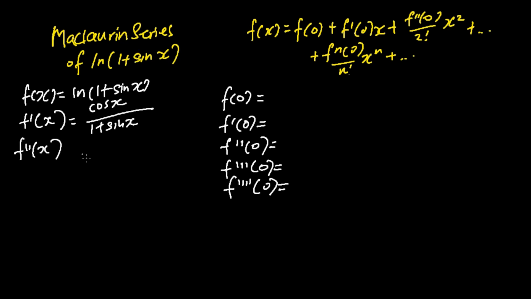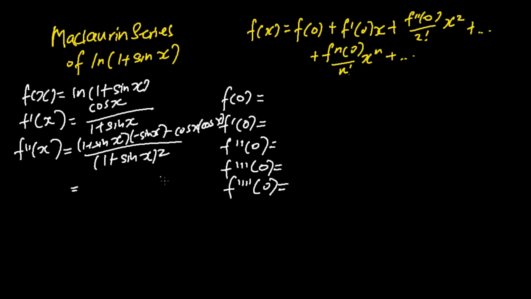We next find the function of x differentiated twice. How do we go about doing that is we will use the quotient rule, so which is (1 + sin x) squared, and then we bring up here 1 + sin x, and then we differentiate cosine x, which is negative sine x, subtracting away, keeping cosine x, and then we differentiate 1 + sin x, which is cosine x.